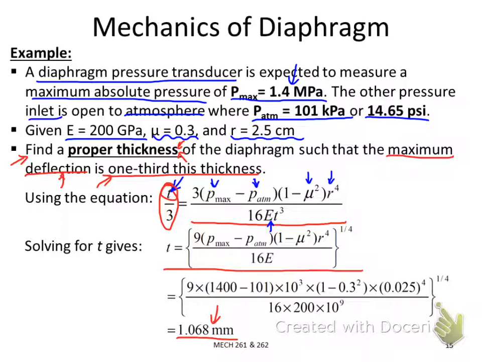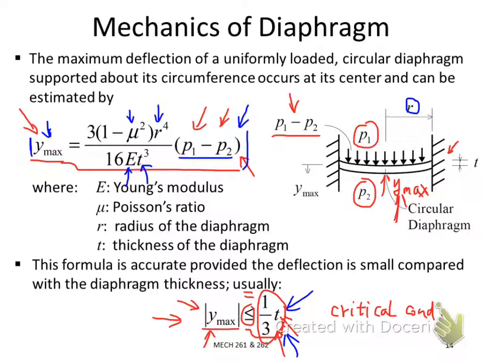So now my question is, should this value be the minimum or the maximum t value we should select, because we are required to select a proper thickness, right? Think in this way: we want y maximum to be small enough, in other words, we want the t value to be large enough.